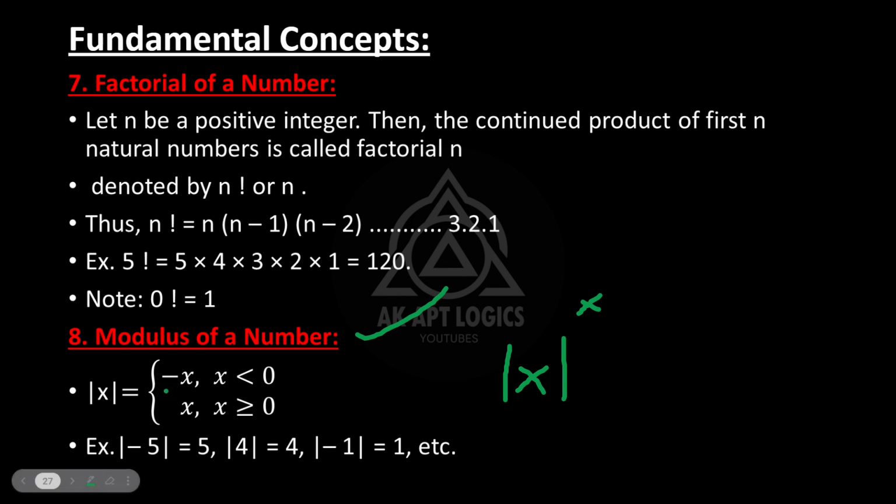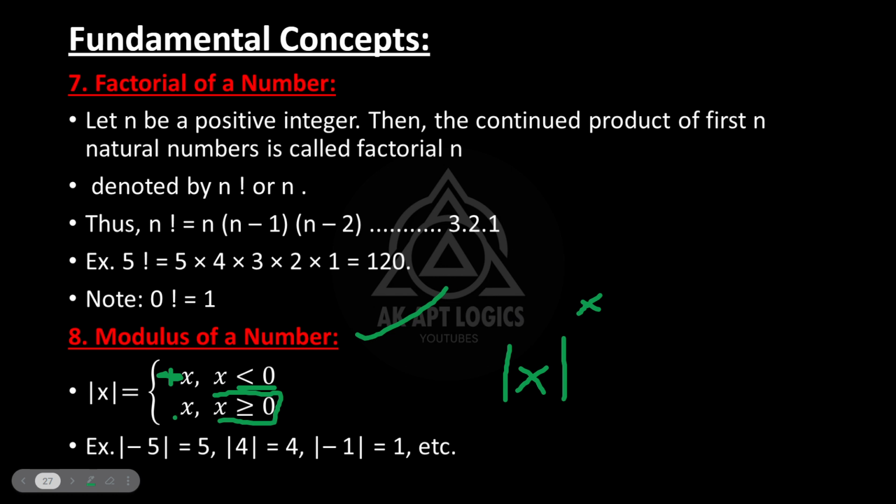So mod x will be minus x for x less than 0. If the value of x is less than 0, then the modulus of x will be minus x. If the value of x is greater than or equal to 0, then the modulus will be x. It is minus only, remember.